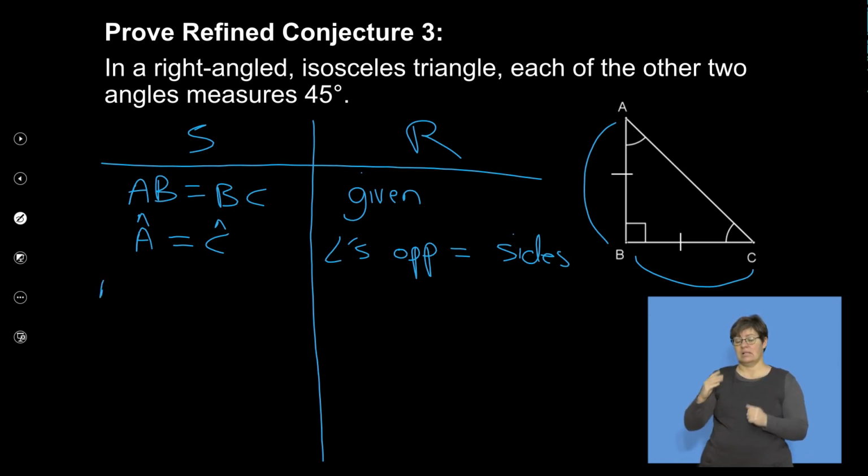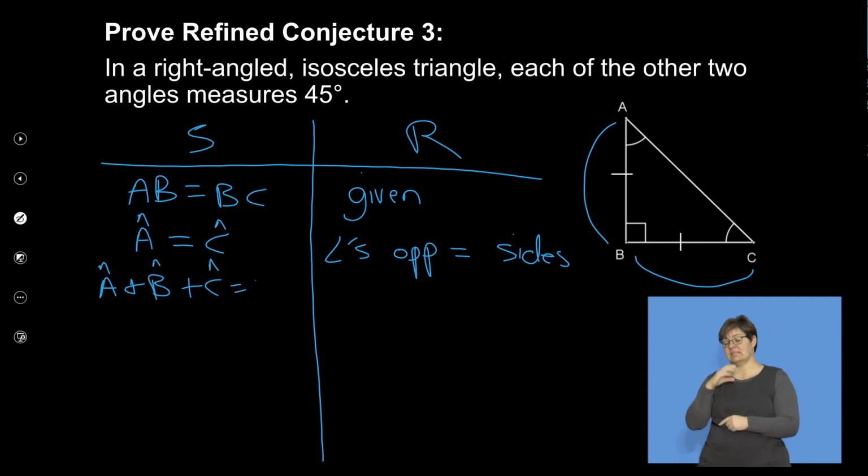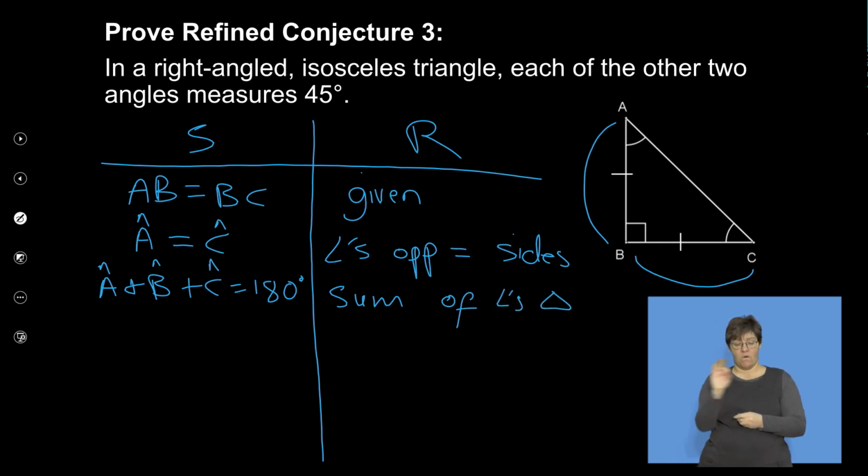I know that angle A plus angle B plus angle C must amount to 180 degrees. And my reason for this is sum of angles in a triangle. And then from there, I will just say I have 2A plus 90 degrees is equal to 180 degrees.